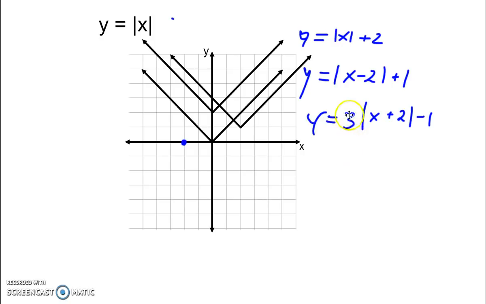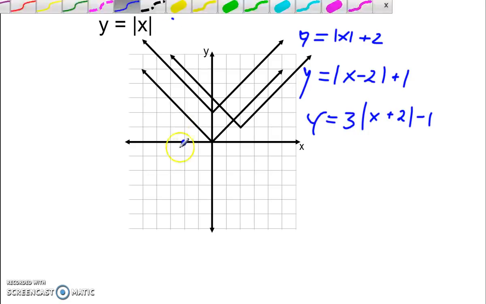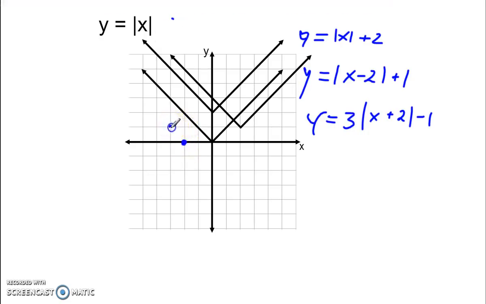So that's a vertical stretch where the parent function is up 1 over 1 and up 1 over 1, would have looked like this. I'm going to stretch that vertically by a factor of 3. So instead of going up 1 over 1, I'm going up 3 over 1.